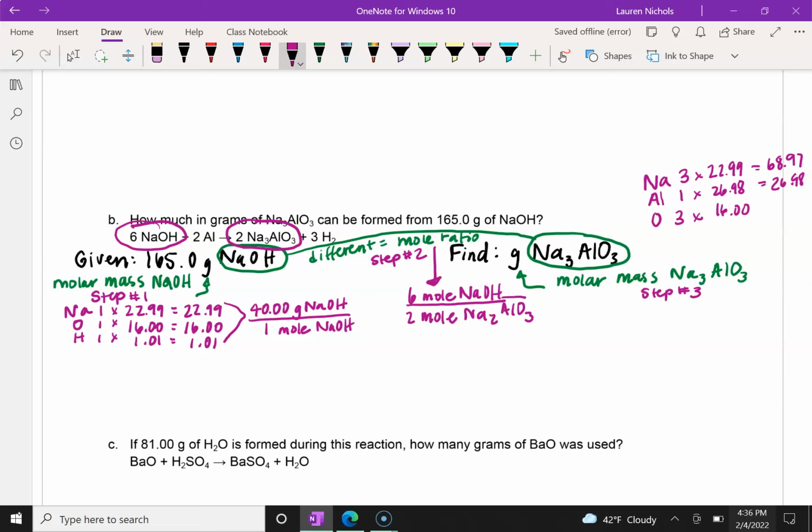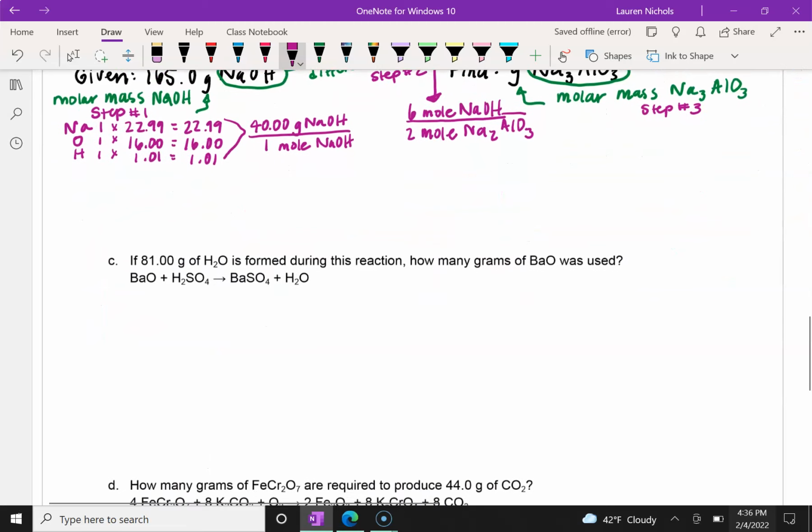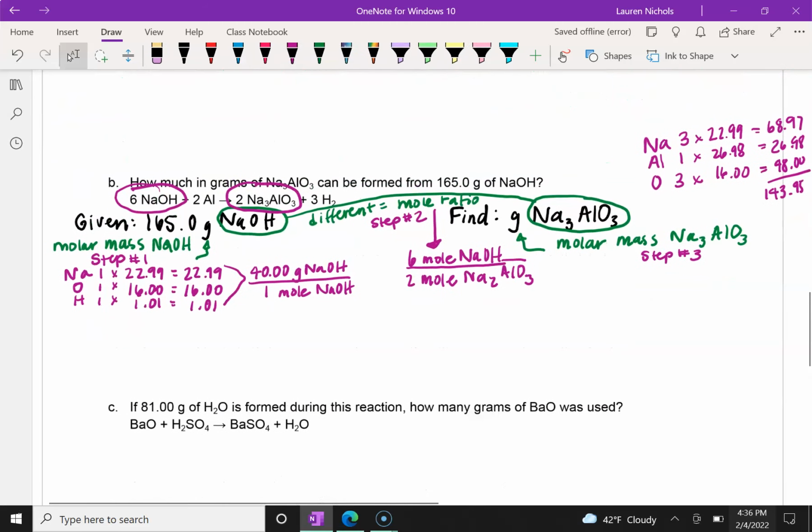And 3 times 16 is 48. So when we add them all together, we get 143.95. So that means this molar mass could be written as 143.95 grams of sodium aluminate all over 1 mole of sodium aluminate.